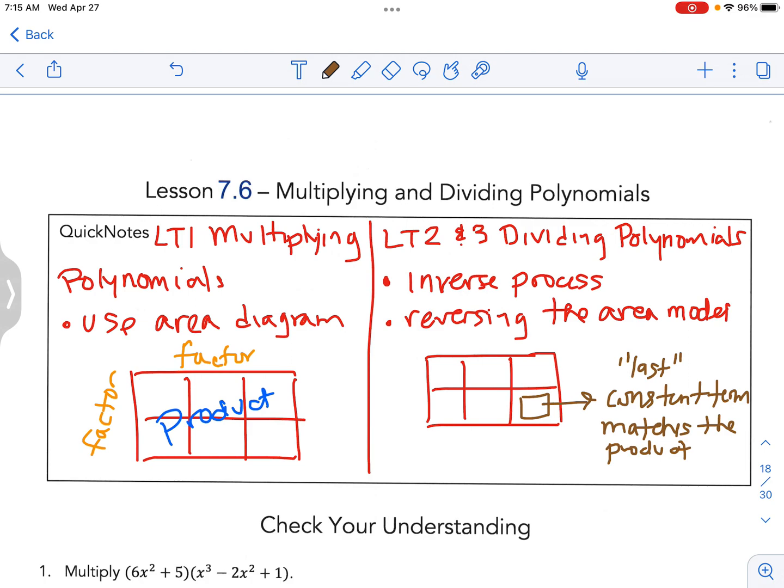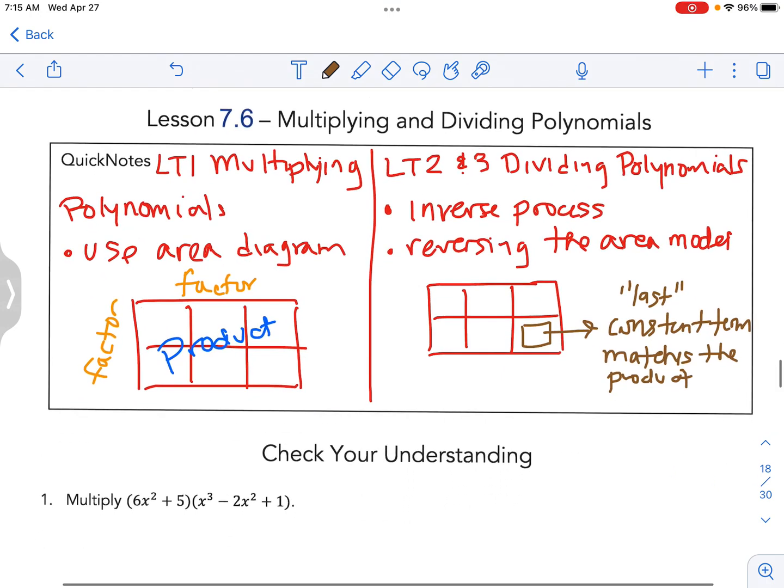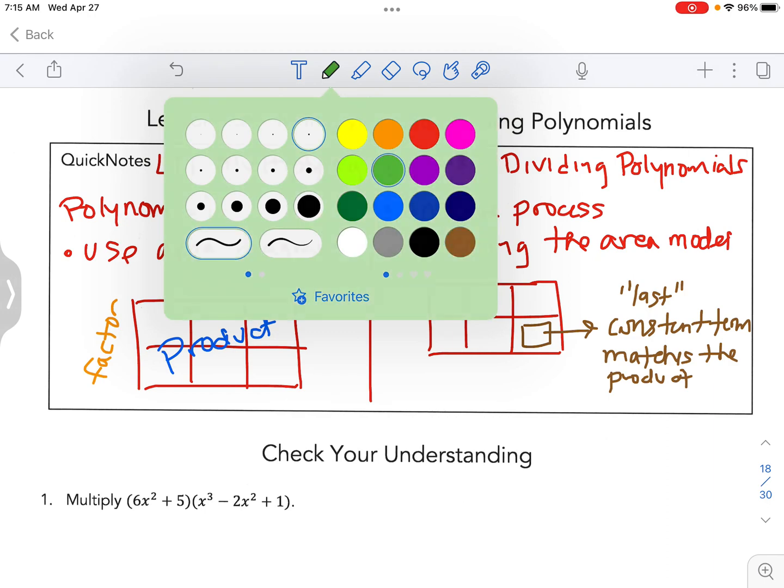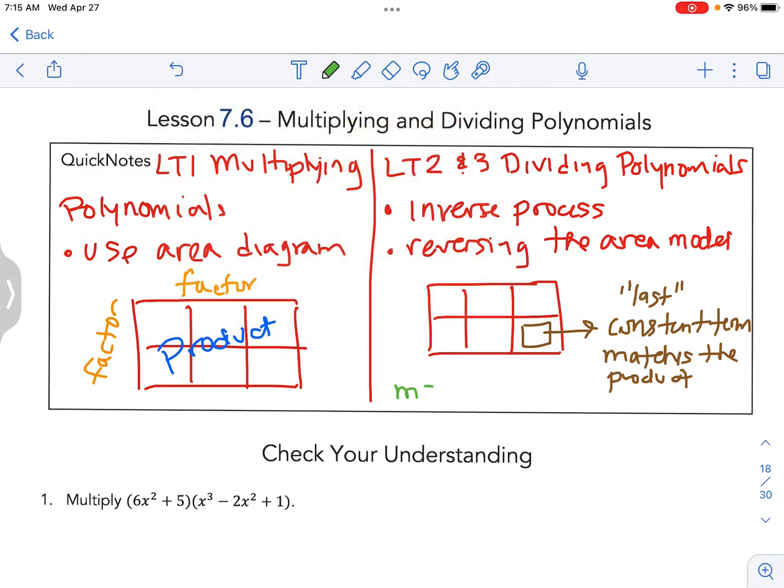All right, we talked about holding off of putting that constant term in there and seeing how the area model shakes out, and then checking to see if it matches. And if we have a match, then we have no remainder. I ran out of space, rats. There we go. And if we have no match, we have a remainder.